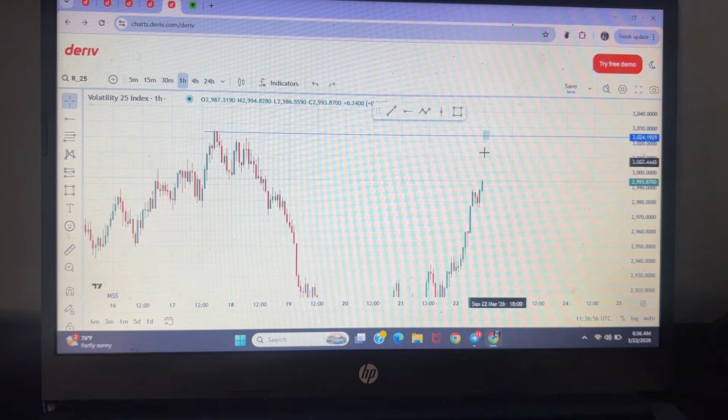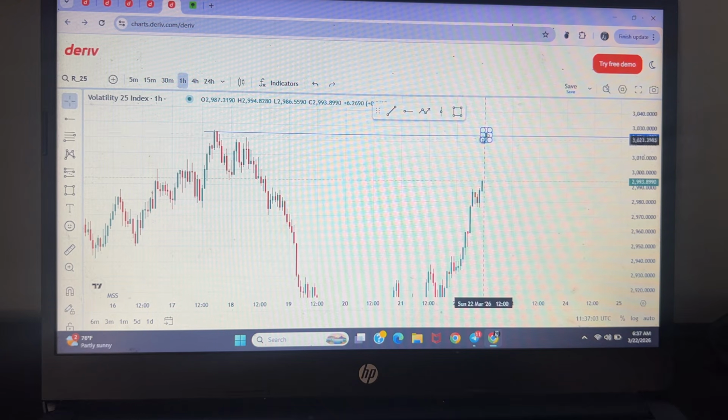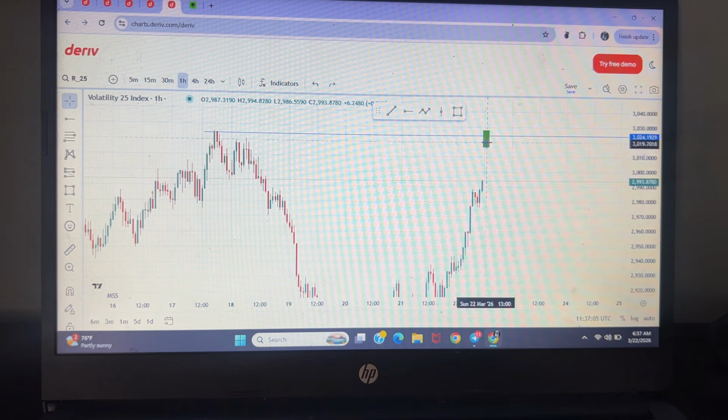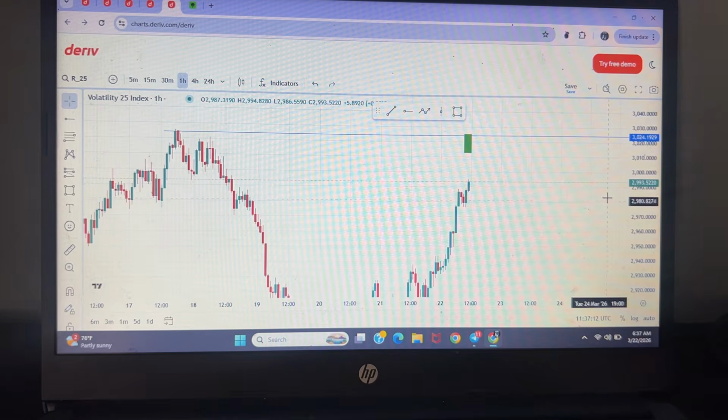Price making these highs. Let me get that green color. And price reaches this zone right there. I'm just gonna show you how I would enter right here.